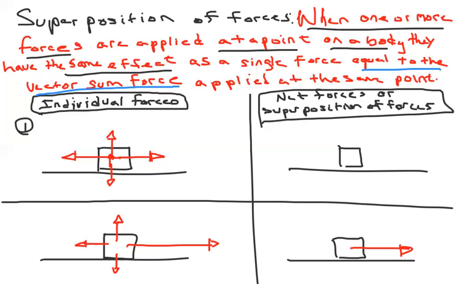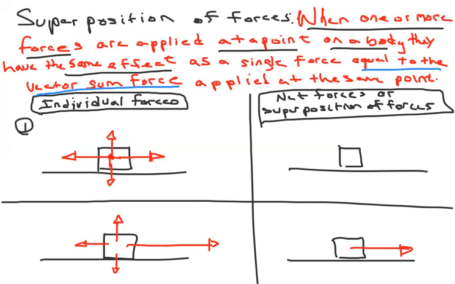Whether we get a net force of 0 or some value for net force, either way, we're using the idea of superposition of forces. We're looking at all the forces applied to one body or object, and then we're trying to turn all those different forces into one force vector every time we net a force.